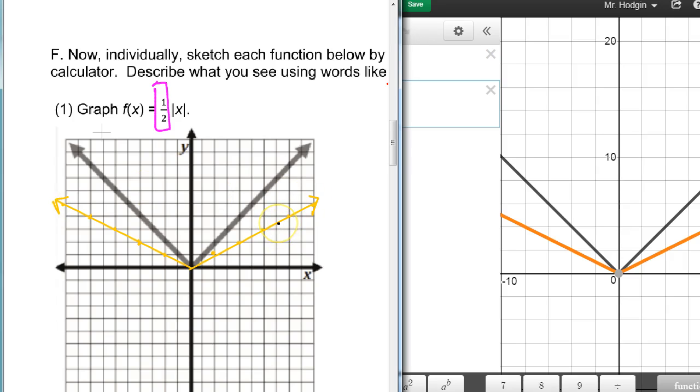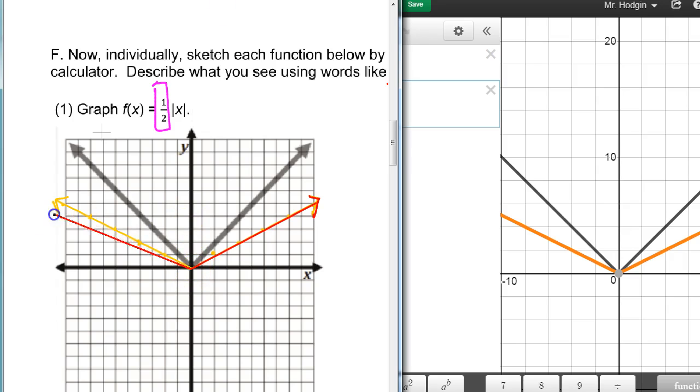There we go. So what would be a good word to describe how this one is different compared to the one that was already on there?